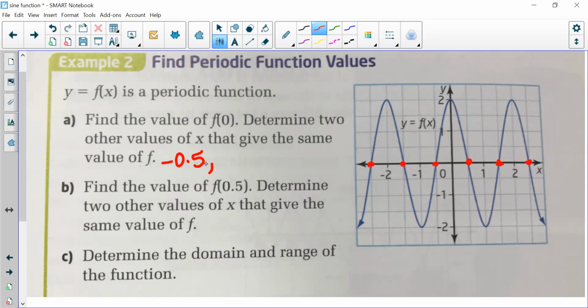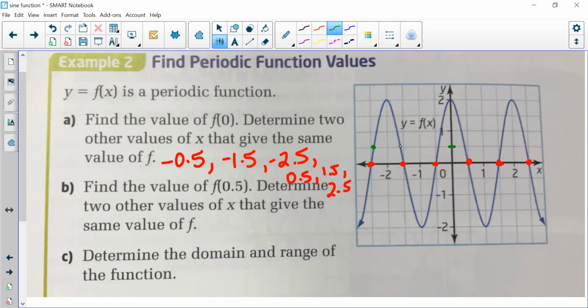Where else do you see those points? -1.5. Good. And then -2.5. Good. Also, you could say positive 0.5, positive 1.5, positive 2.5. There's a lot of these values. So you're just looking at where it hits the x-axis and grab any of those points. Now it's asking you to find where x equals 0.5, which is along this line.